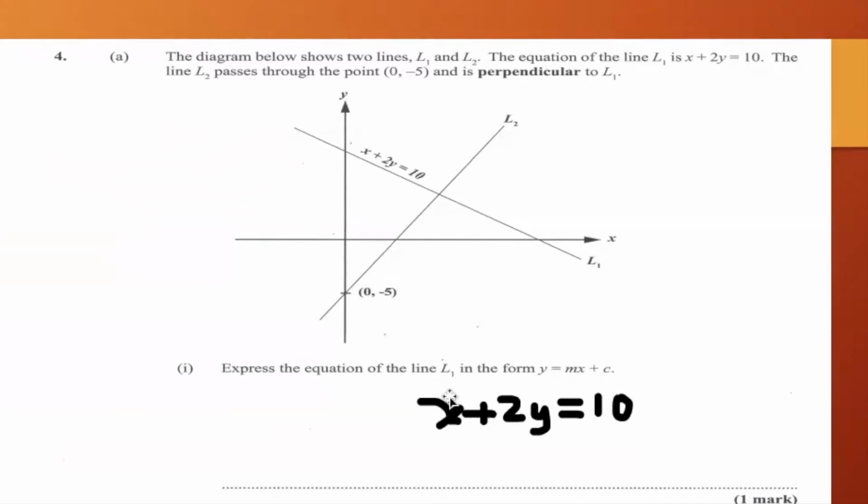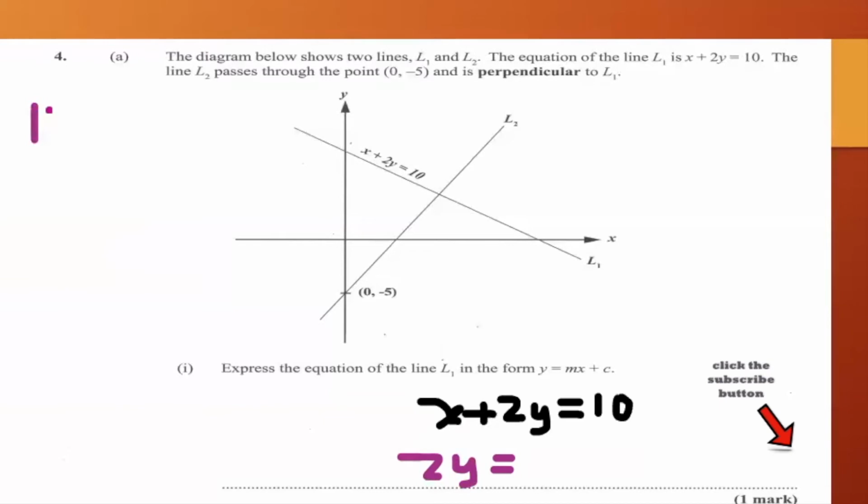So the first thing I will do is carry over the x. Carrying it over means you have changed the sign. It's like you subtract x on both sides. So carrying it over, it will become a negative x. So what I'll have here is 2y is equal.